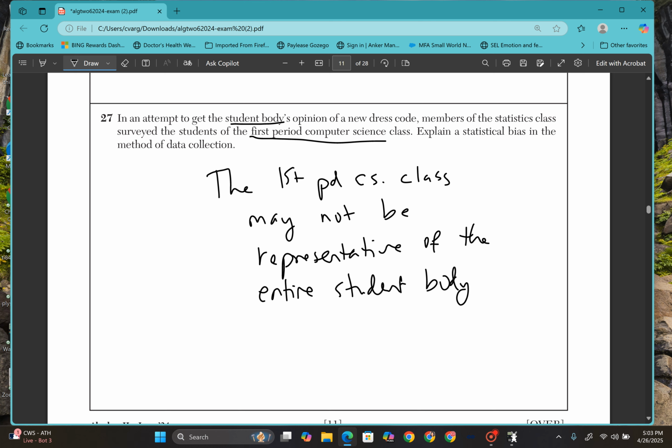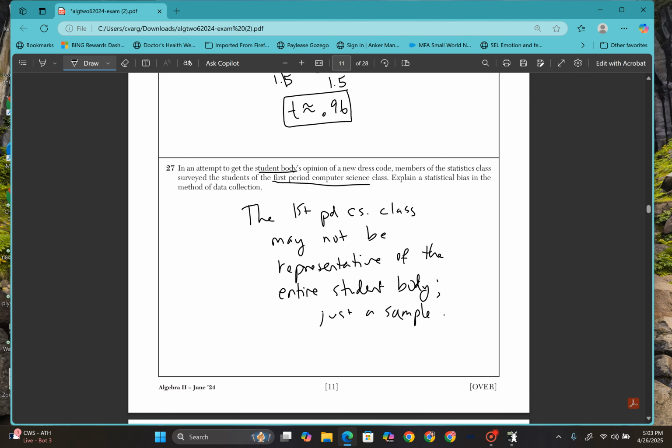It's just a sample. So that's a statistical bias that we can have here in the method of data collection.